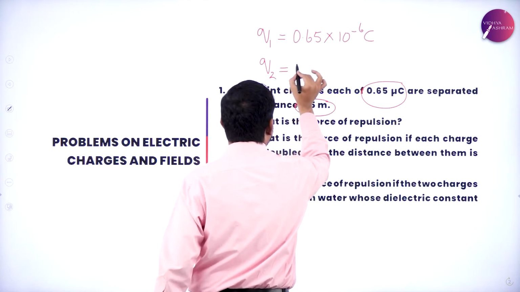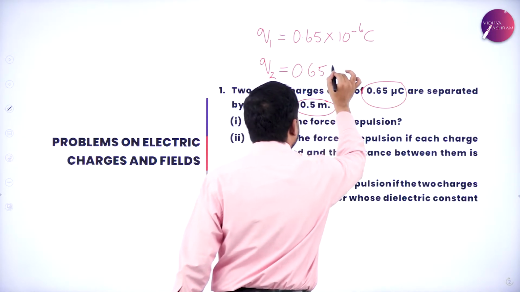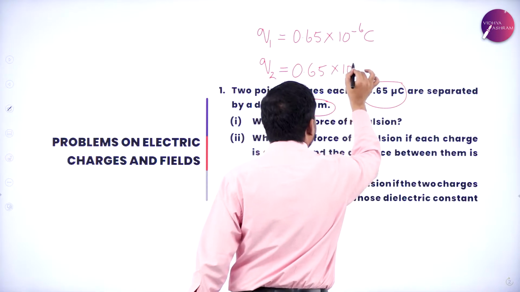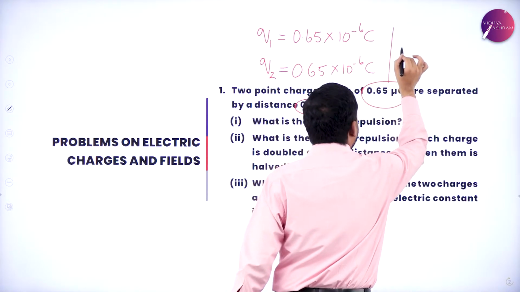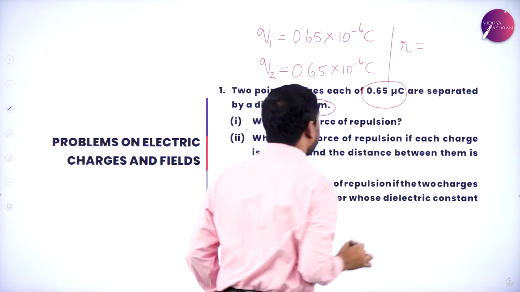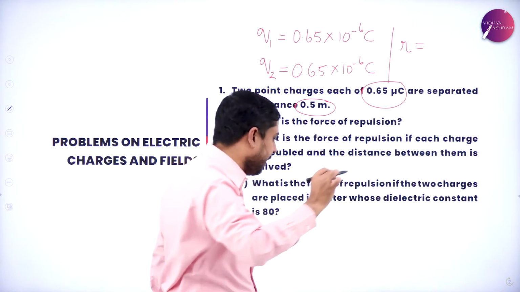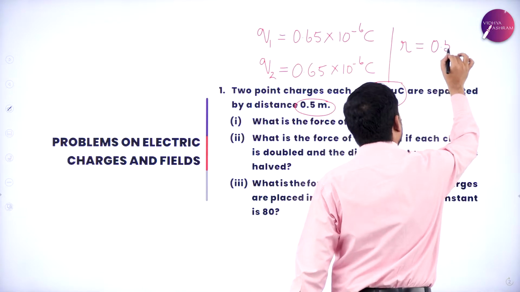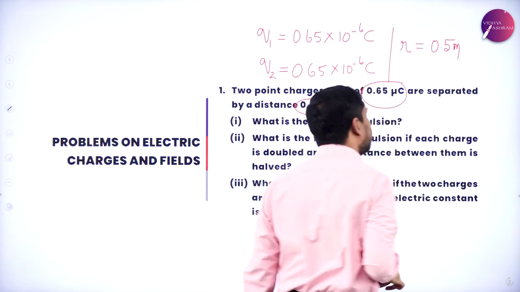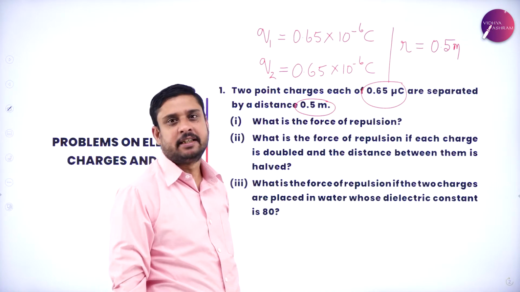Q2 again 0.65 into 10 power minus 6 coulomb. And they are separated by a distance of 0.5 meter. So distance of separation is 0.5 meter.